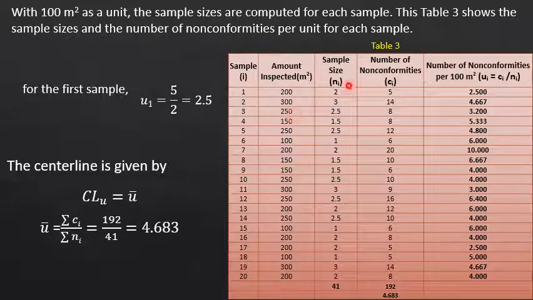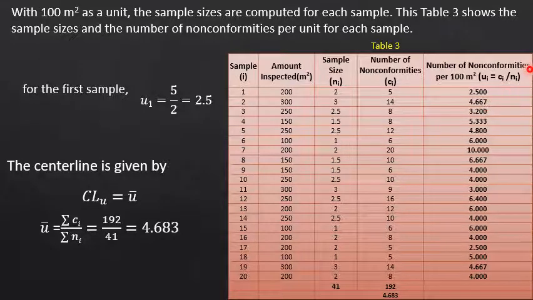Similarly, we get this table. The total sample size, summation ni, is equal to 41, and the total number of non-conformities, summation ci, is equal to 192.